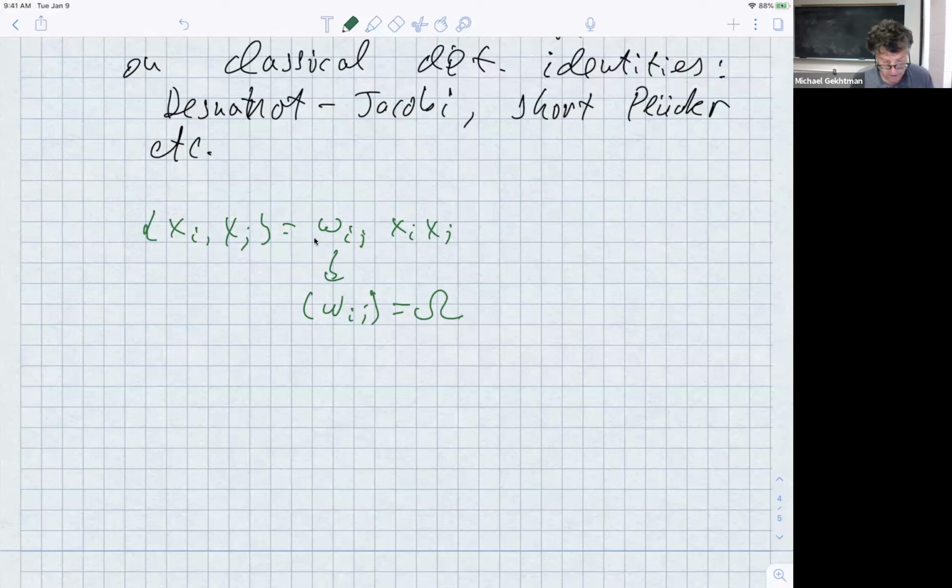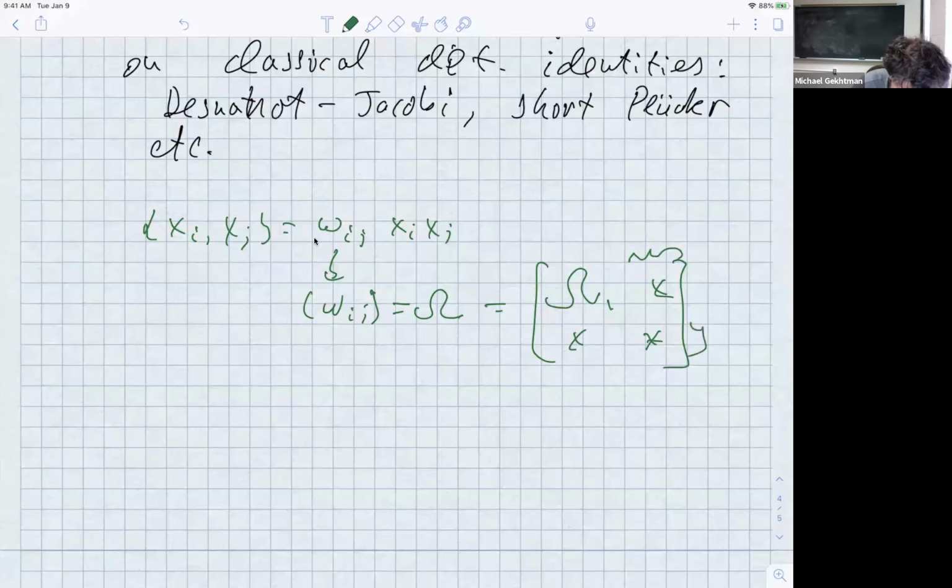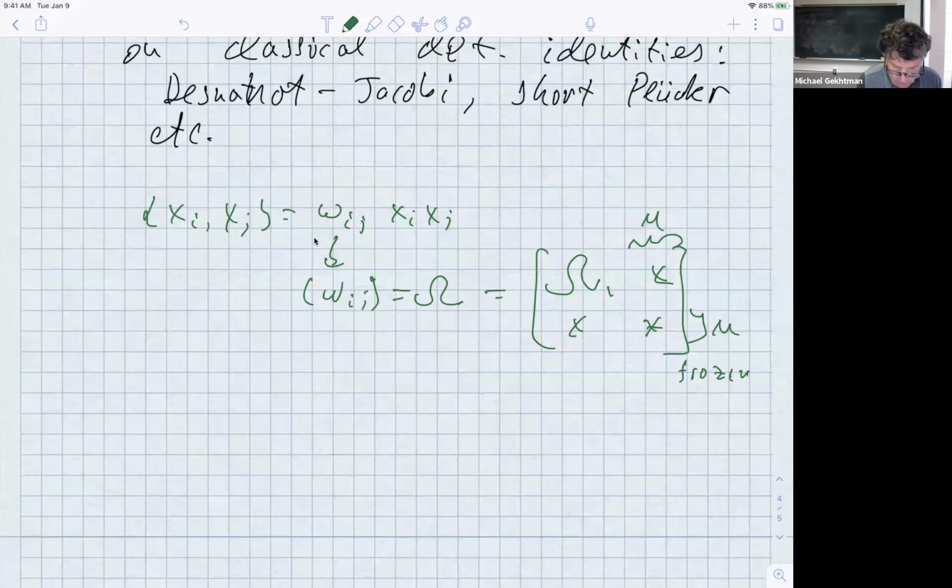They are considered frozen. So omega can be drawn like this. There is a part of it, let's call it omega 1, and the variables that correspond to this part, let's say there are m of them, are frozen. I'm not allowed to touch them. Just so that we know this for future reference. And then there are n variables that I am allowed to touch.